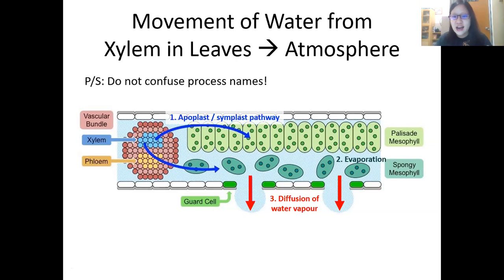Water vapor doesn't travel by osmosis, it diffuses. It's not evaporation anymore because it's already evaporated. The water vapor diffuses in the form of gas into the atmosphere via the stomata, which is composed of two guard cells. So don't confuse these process names, as marks will be deducted if they are confused.